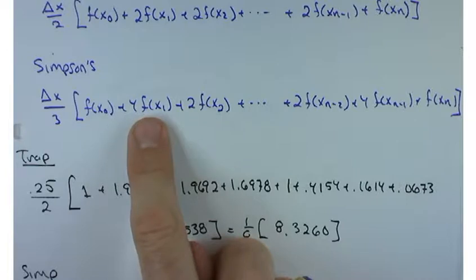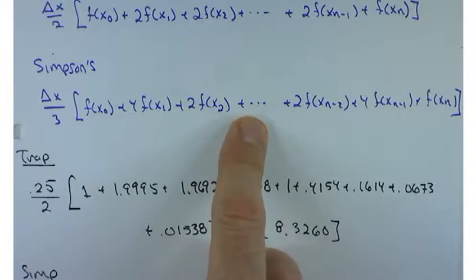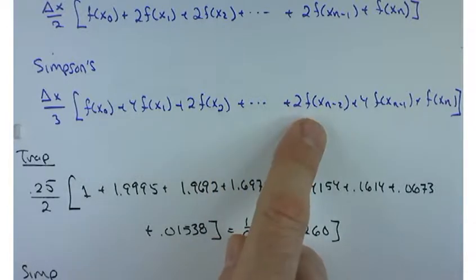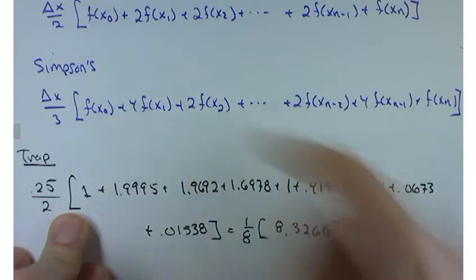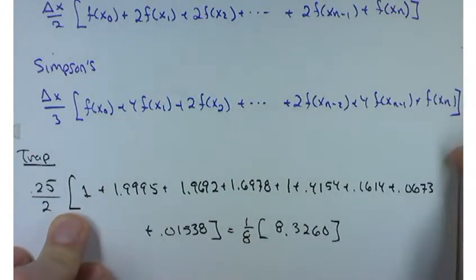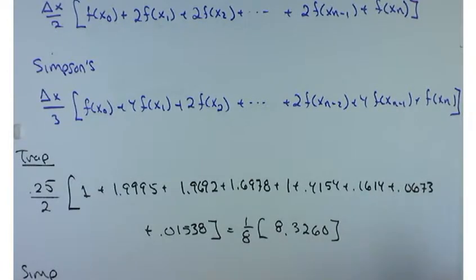It's going to be 4 times f of x sub 1 plus 2 times f of x sub 2 plus 4 plus 2 plus etc. The pattern of the 4s and the 2s is going to continue across. So in terms of arithmetic, it's no more work, really. It's just different, but yet you tend to get a much better estimate with Simpson's Rule than you do with the Trapezoid Rule.